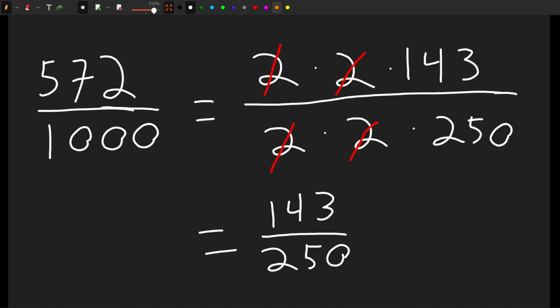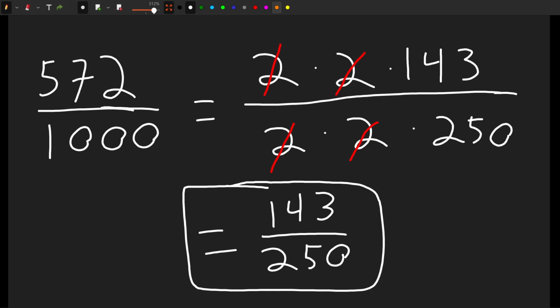Now, 143, does that simplify anymore? I don't think so. It's not divisible by 2. It's not divisible by 3. It's not divisible by 6, 5, or 10. I can't factor out a 7 from it. I can't factor out an 8 from it. Can 4 go into it? No. It's not divisible by anything under 10. So I believe that is the answer. So it's 143 over 250.